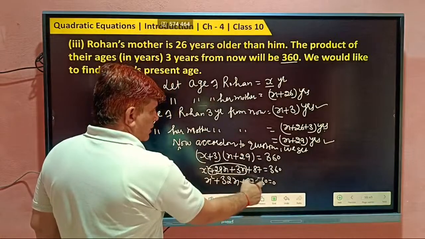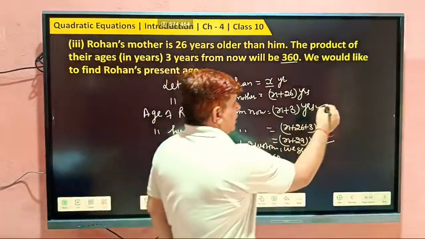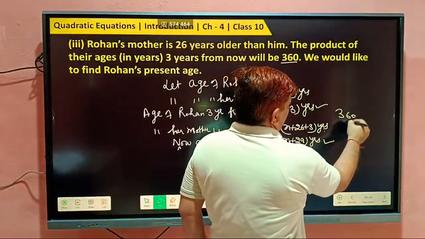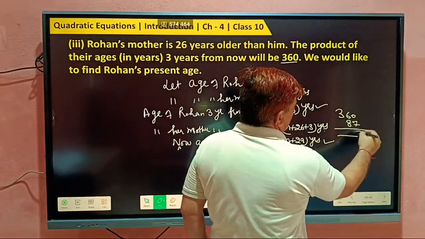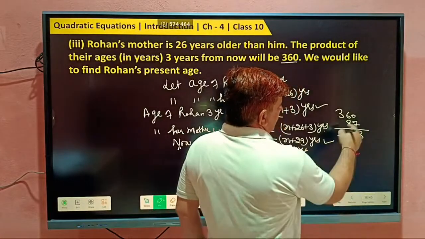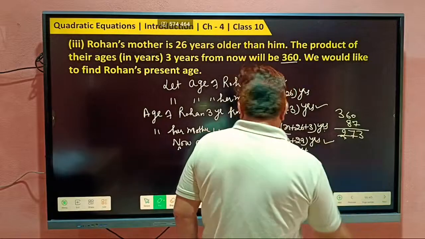This is plus, this is minus. So 360 minus 87, how much? 3 left here, 15, 7, 273.